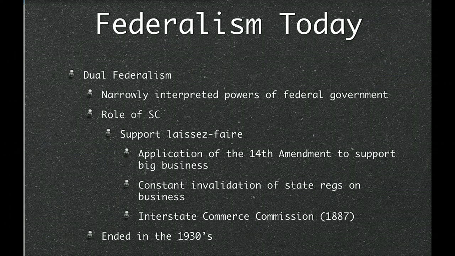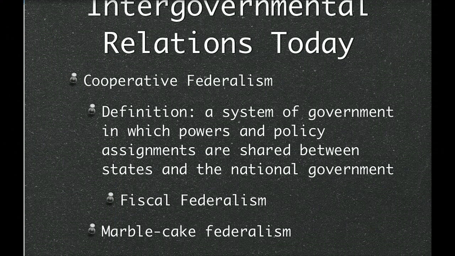And the New Deal programs, starting in 1933, often involved joint action between the national government and the states. So we can see now where there is an ending to dual federalism, and there is an adoption of what we call cooperative federalism, which means that the national government is involved to some extent in virtually all public policy making.